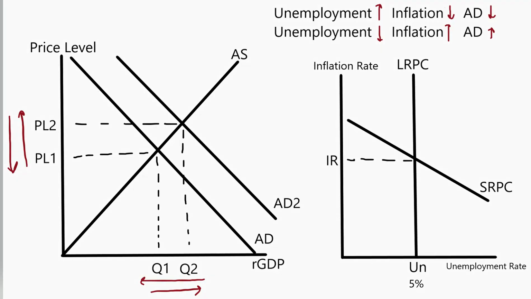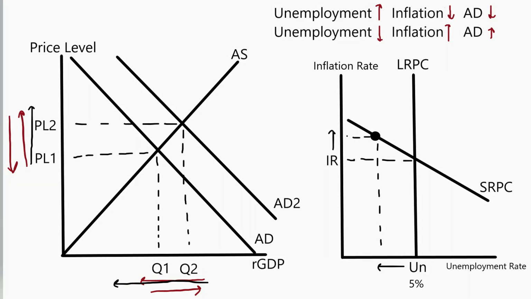For example, right now we're here at the center, but let's say you move up here. At this point, you can see that the inflation rate has gone up, but unemployment rates have fallen. In other words, price levels have risen, but unemployment has fallen.